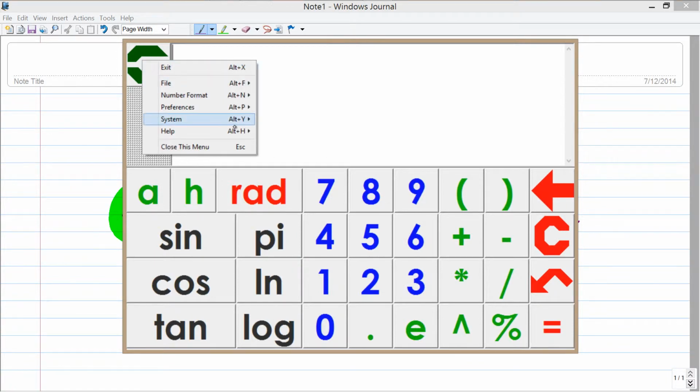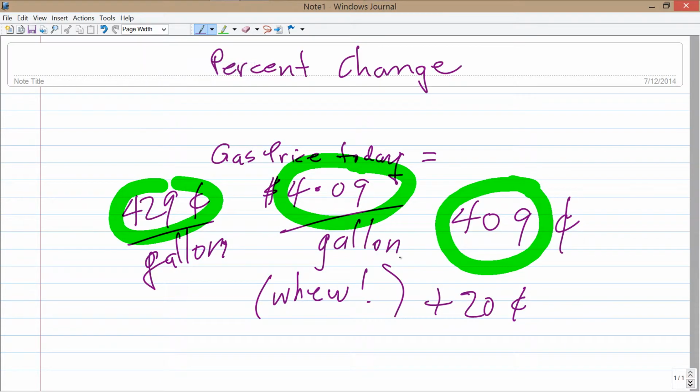So that was 4.8899, something like that, percent. So let's just exit this program. That was about plus 4.88%.